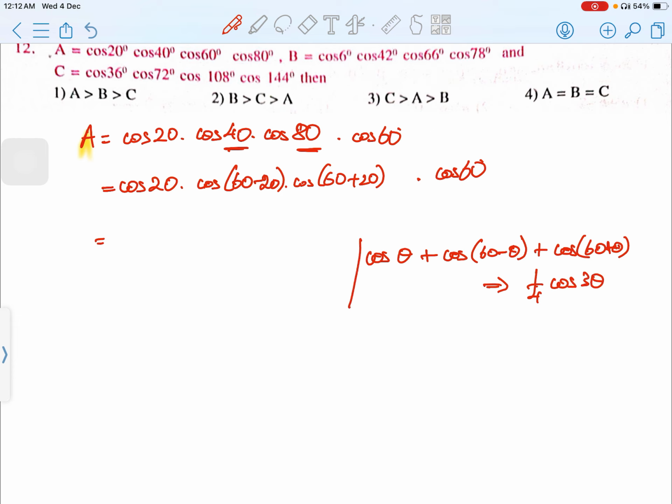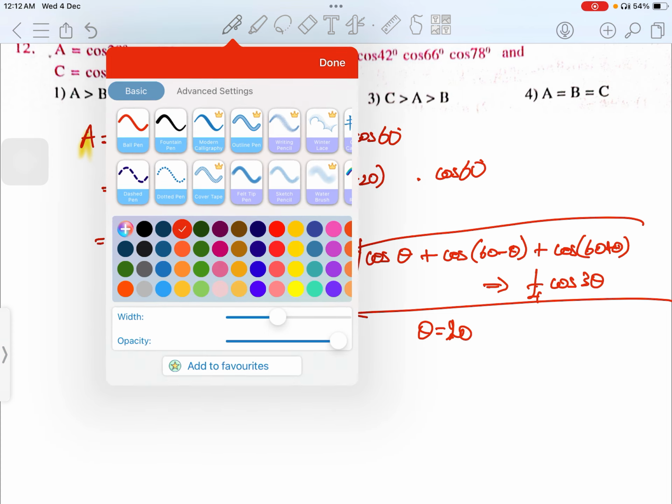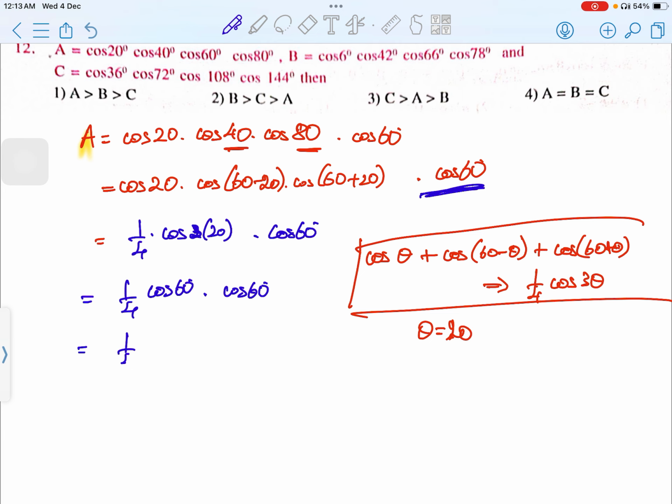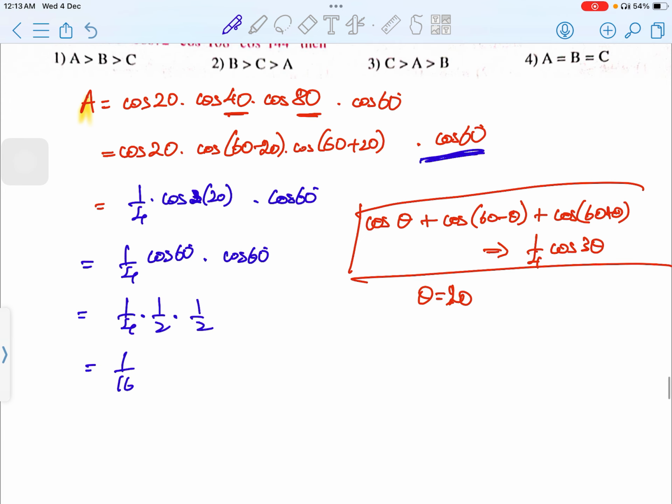Here instead of theta you have 20 degrees. So your step will be converted as 1 by 4 times cos 3 into 20, and this last term will come as it is. So nothing but 1 by 4 into cos 60 into cos 60. What is cos 60? 1 by 2, 1 by 2. Finally you will get a value 1 by 16.